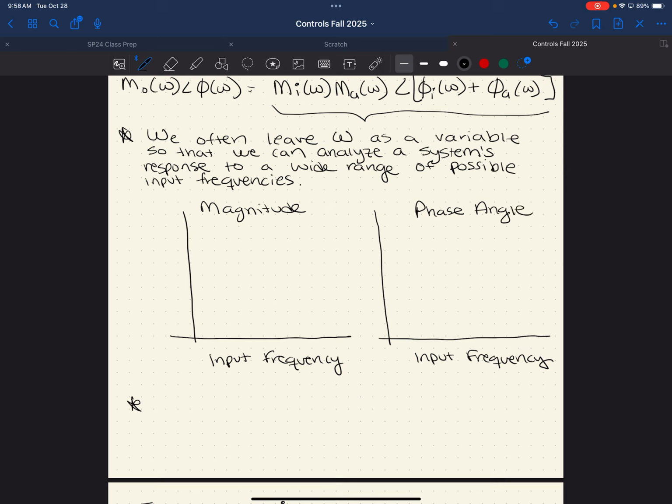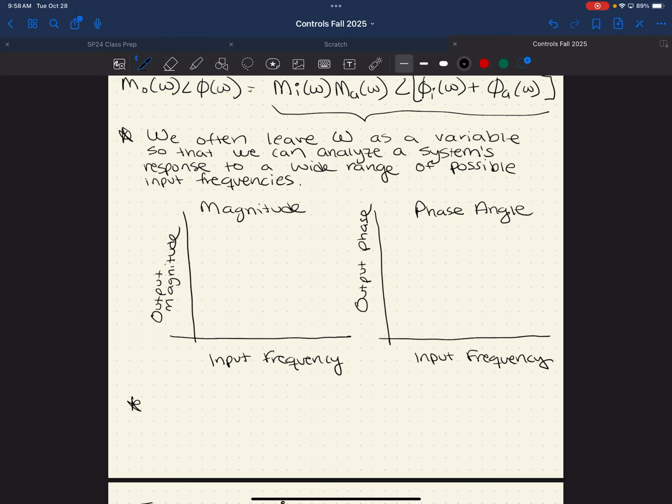And then the phase angle might be changed. So we might have an output magnitude, and we might have an output phase. That kind of makes sense, right?